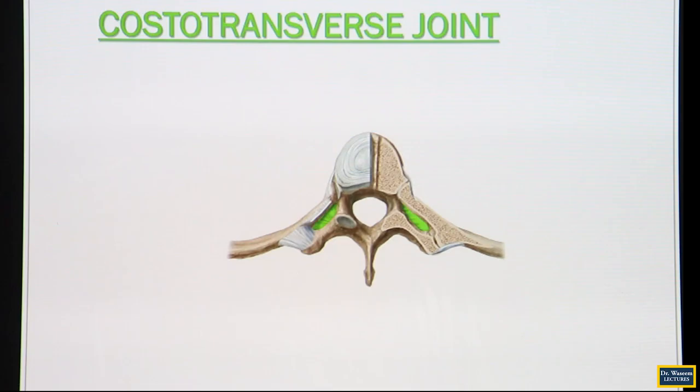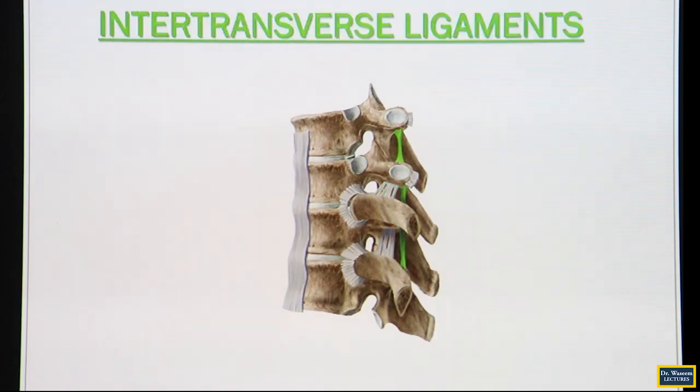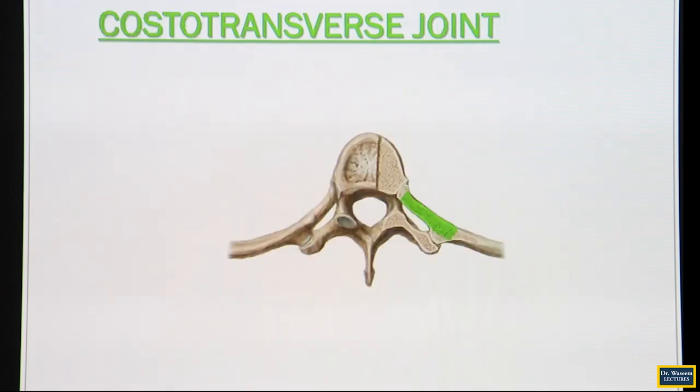And the costotransverse joint, you see again, and here is the ligament which is called the costotransverse ligament. Again, superior costotransverse ligaments are also there. You see here the rib, this rib has a tubercle here, and this is the superior costotransverse. You are watching the intertransverse also, between the transverse processes, stabilizing the joint here, the intertransverse joints.